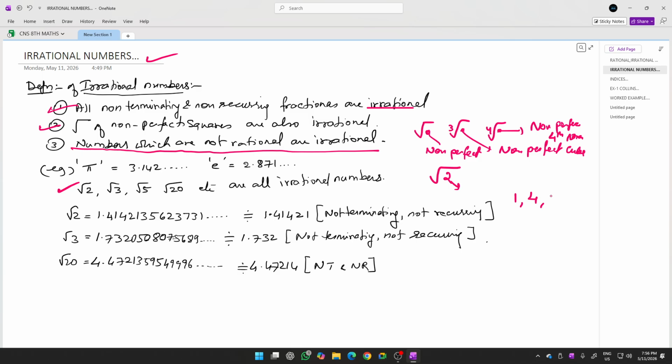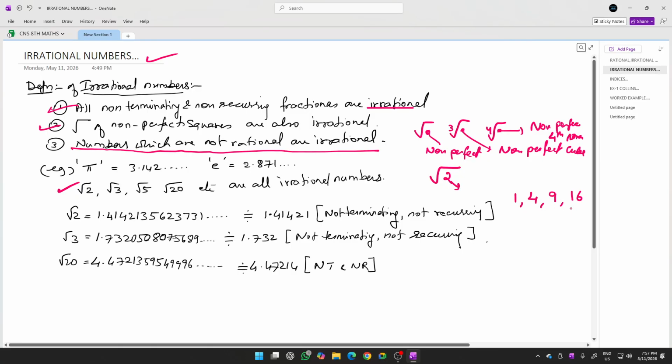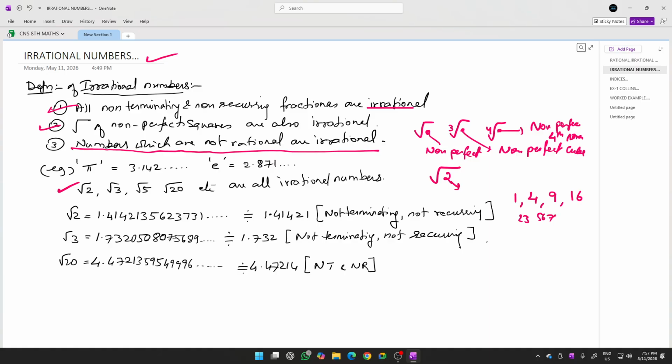And after that, there is 9, and then there is 16. So these are all perfect squares: 1, 4, 9, 16, 25, 36. And the numbers in between, that is 2, 3, and 5, 6, 7, 8, are all non-perfect squares. So under this radical sign, if you put 2, 2 is a non-perfect square.